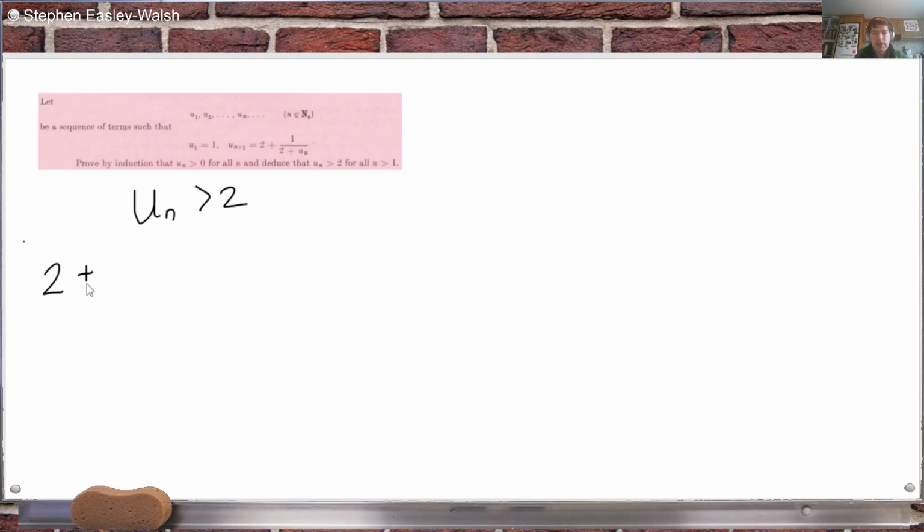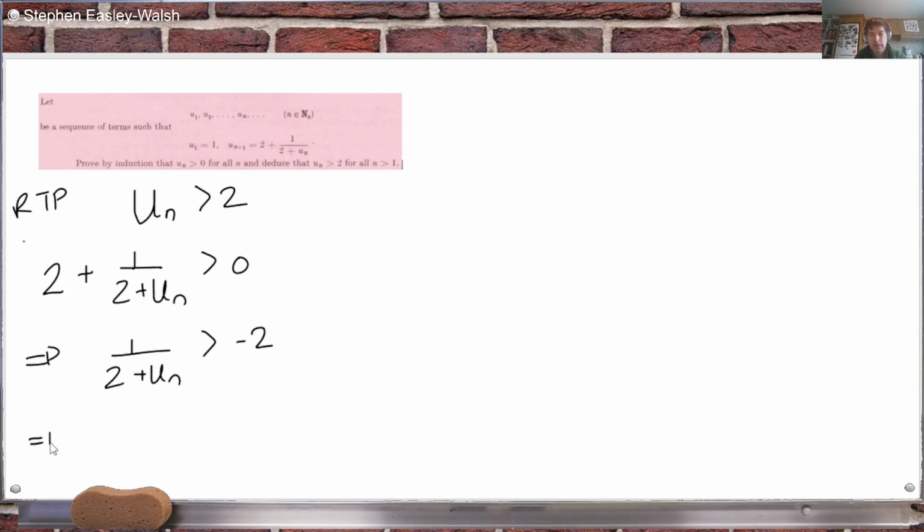We know that 2 plus 1 over 2 plus UN, we know that's positive. So that means 1 over 2 plus UN, we know that's bigger than minus 2, which means we know that 1 is bigger than minus 2 over 2 plus UN.